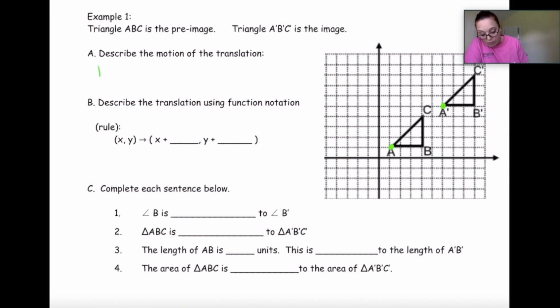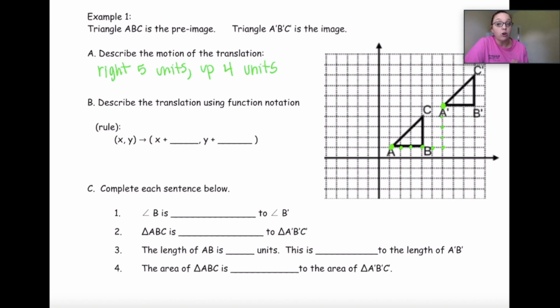So we're going to say right, but how many units to the right? So 1, 2, 3, 4, 5. So right 5 units, comma, and then we're going to move up 1, 2, 3, 4 units. Up 4 units.